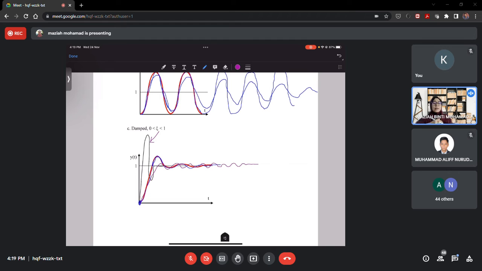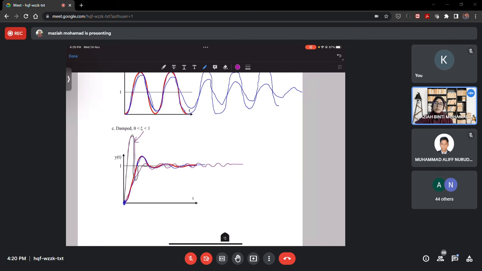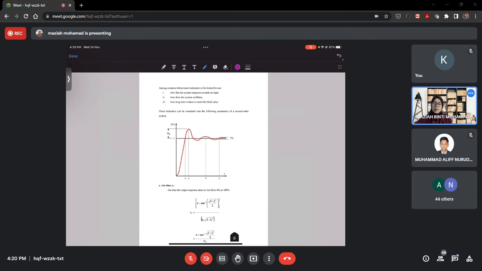The designer of the system will know what kind of behavior they want from a second order system. The values of zeta and omega n will affect the maximum overshoot, the rise time, the settling time, and so on.